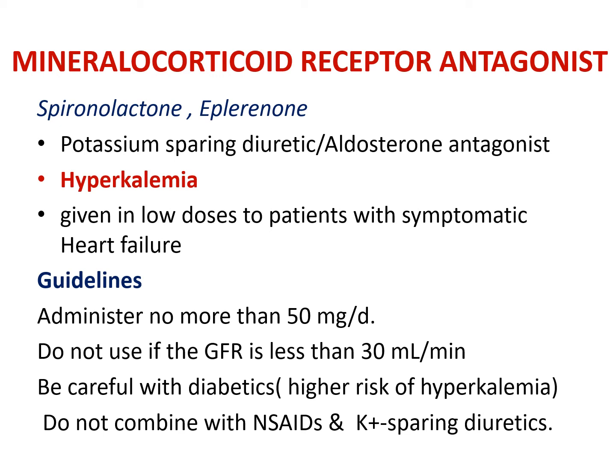The guidelines for mineralocorticoid receptor antagonist administration: you should not administer more than 50 milligrams per day, and these drugs should not be used if the GFR is less than 30 ml per minute. You have to be careful in diabetic patients because of the higher risk of hyperkalemia, and these drugs should not be combined with NSAIDs and potassium sparing diuretics.